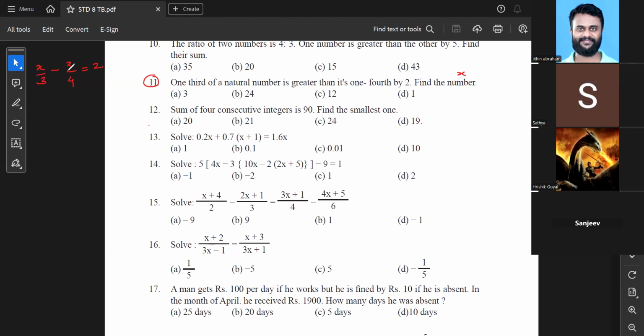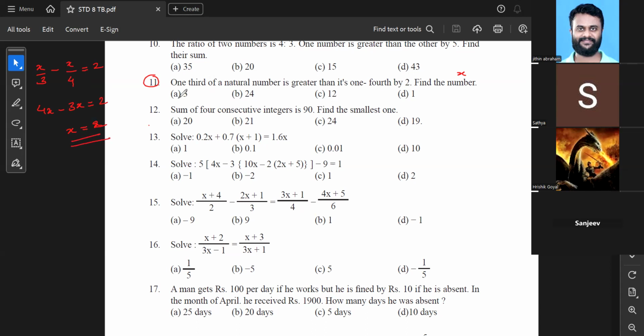I'll give a subtraction symbol and it is equal to 2. Now I have to find the value of x. In this case, both the x's have denominators, so I'll do the LCM method. The LCM is 12. When I substitute 12, 12 divided by 3 gives 4x, minus 12 divided by 4 gives 3x on the other side. 4x minus 3x is equal to x, which is equal to 2.